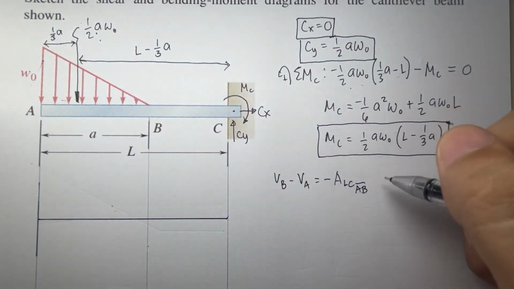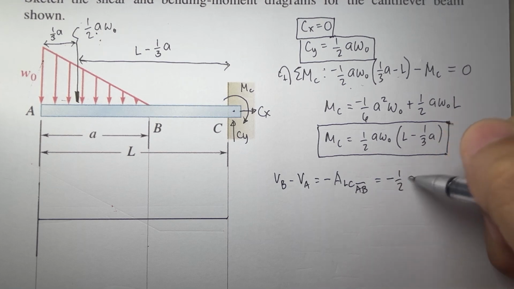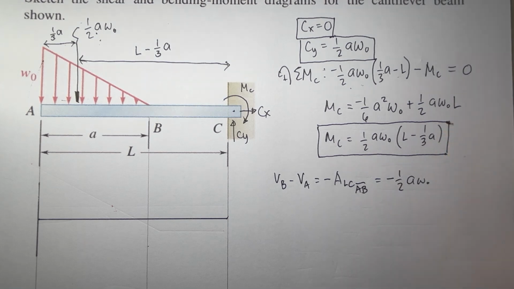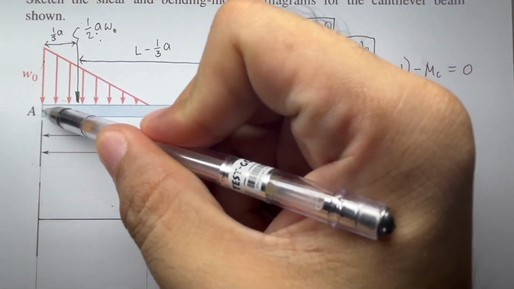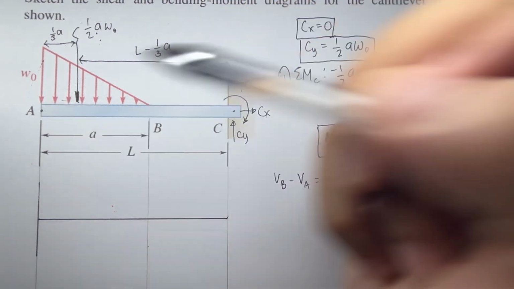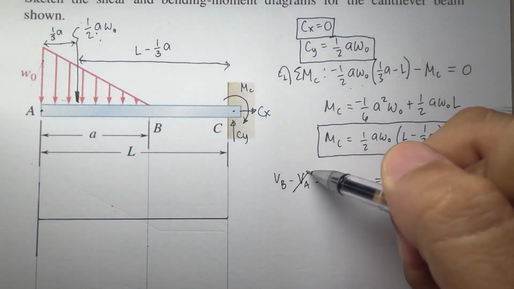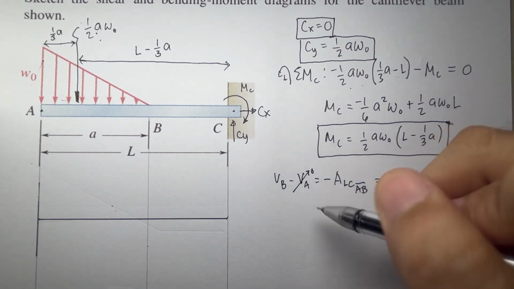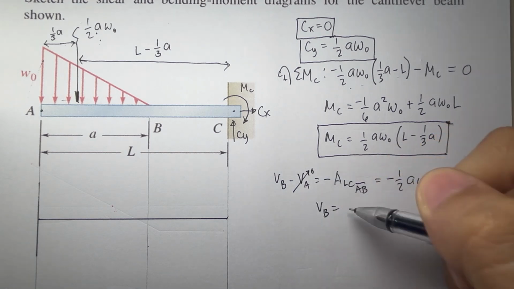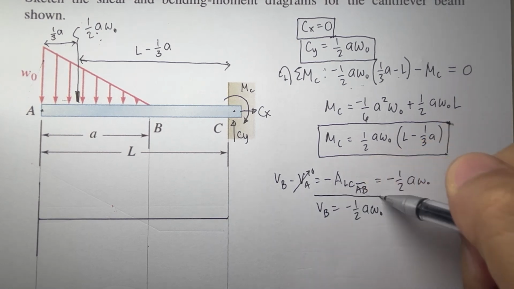So this expression is just equal to negative 1/2 A omega naught. Take note, at point A we don't have any shear applied because we have no reaction or no supports at point A. Therefore, our VA is equal to 0. So simply, our VB is just equal to negative 1/2 A omega naught.